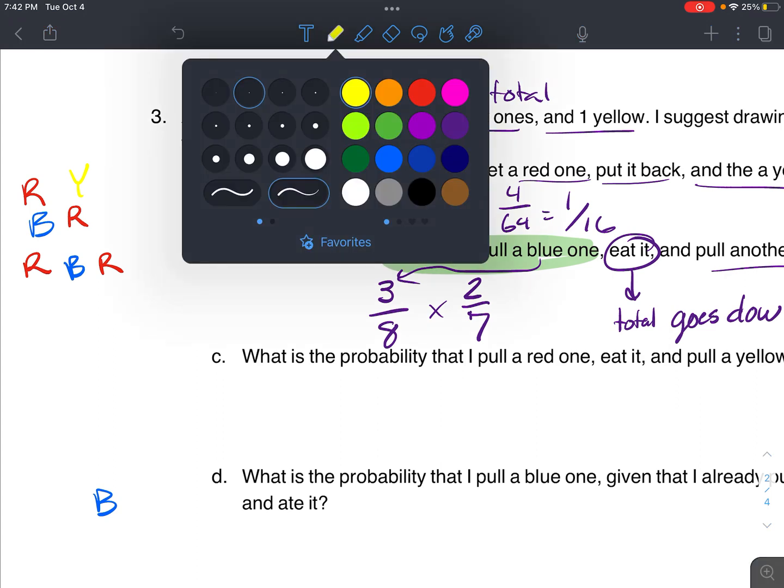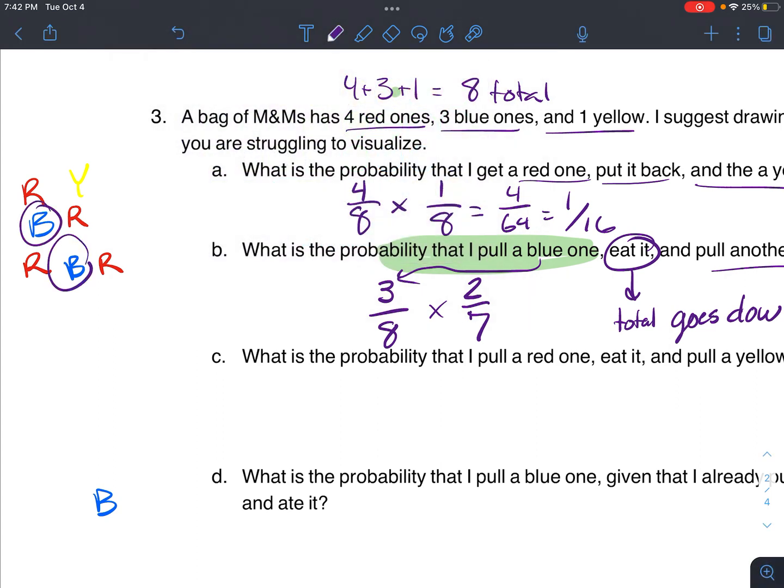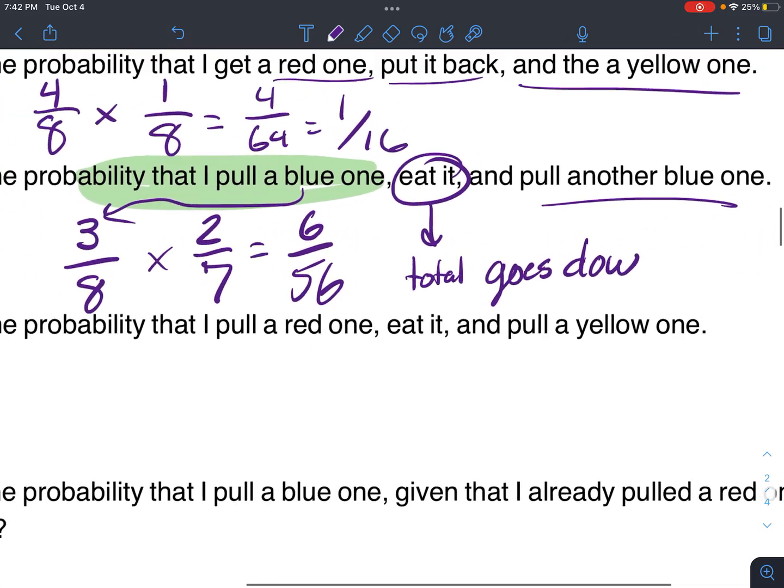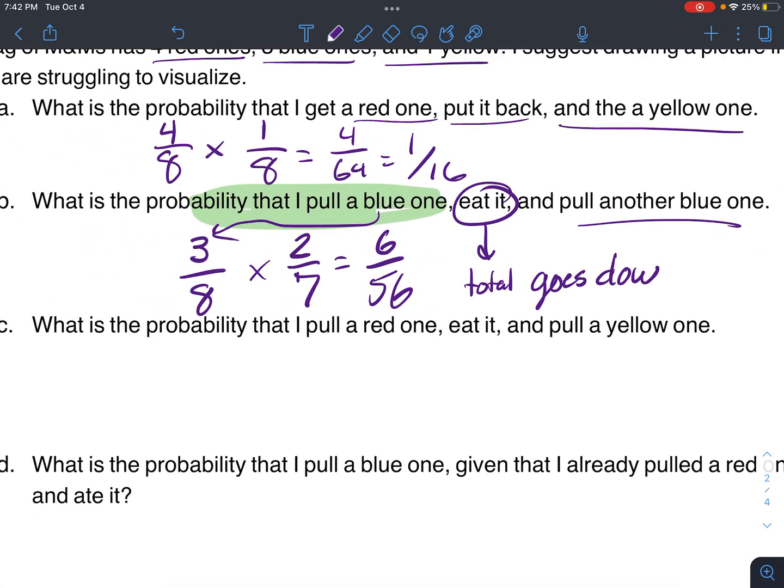I now only have 2 desired outcomes, where we get the 2 from, and 7 total M&Ms in my bag. So that's where the 2 over 7 comes from. We're going to get 6 over 56. This does simplify, but because we didn't talk about how decimals work with percentages, I'm going to go ahead and let it slide for this.